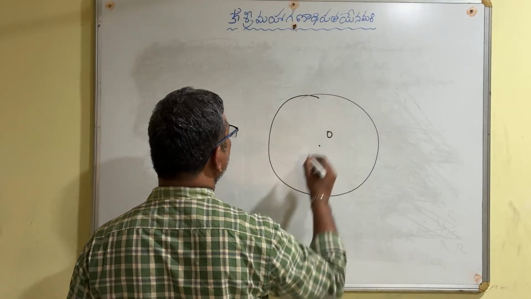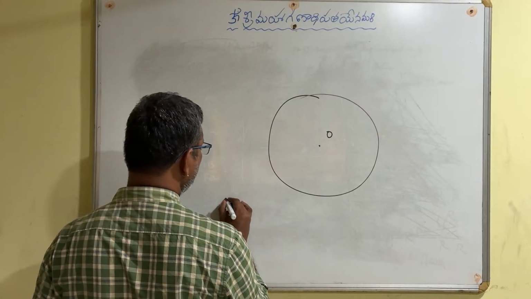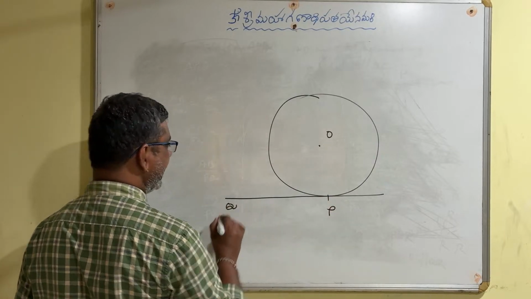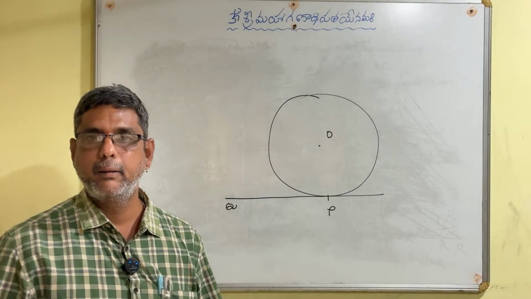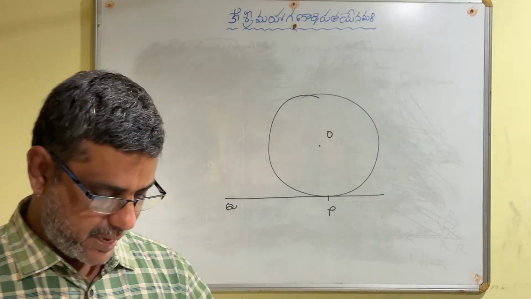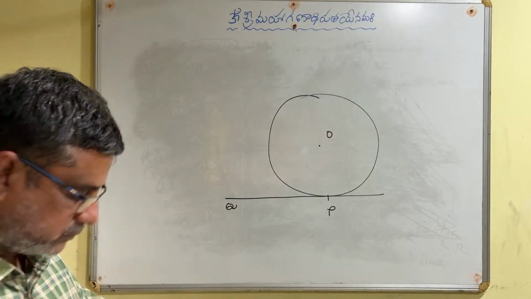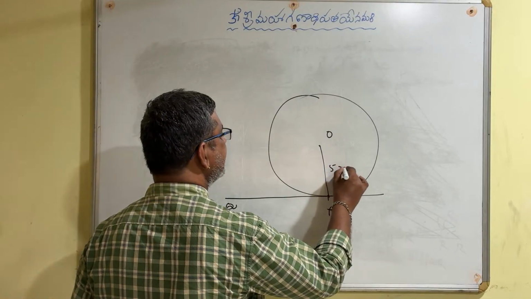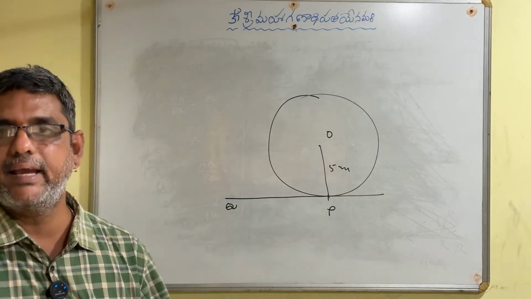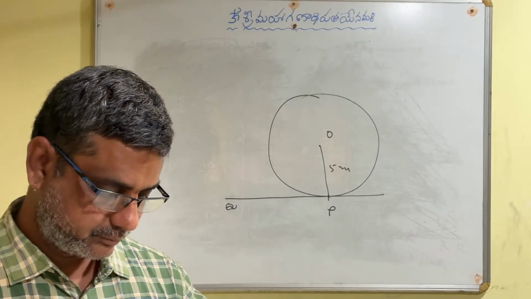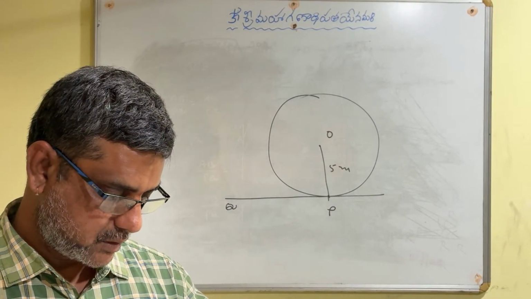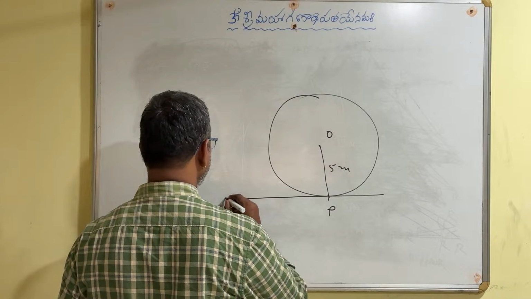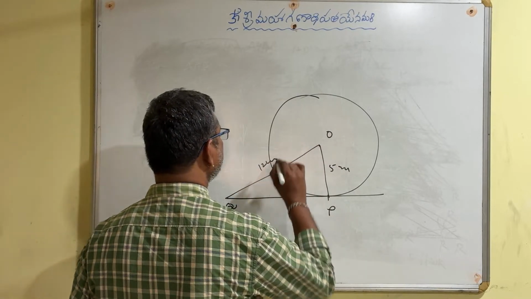There is a circle with center O and PQ is a tangent at P. Radius is given, 5 centimeters. OQ is given, 12 centimeters.